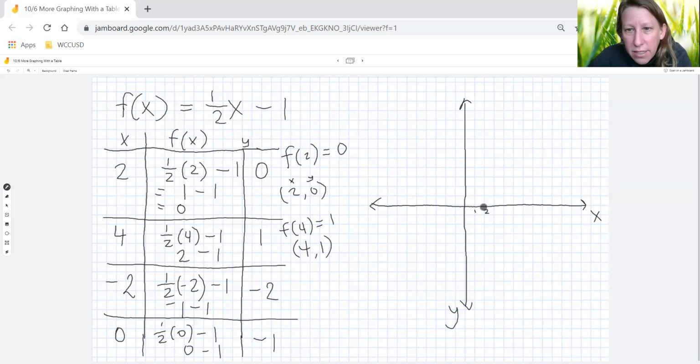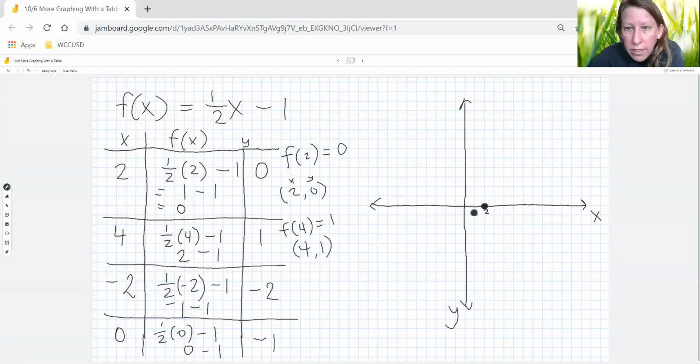And that means the answer for this point is right here. This is the point 2, 0. That's kind of special. It's the x-intercept because it's where y is 0. So wherever this thing is, it's going to cross through the x-axis at this point.